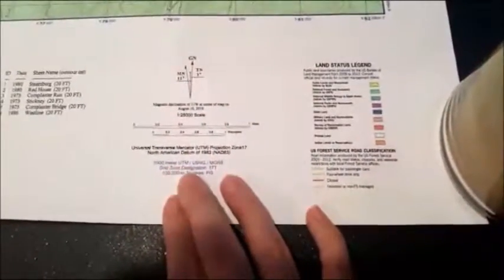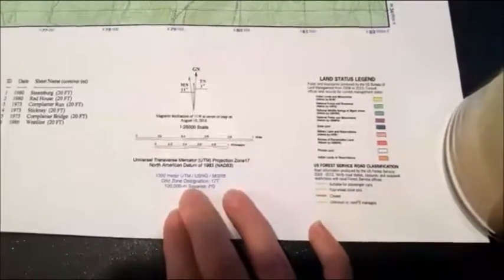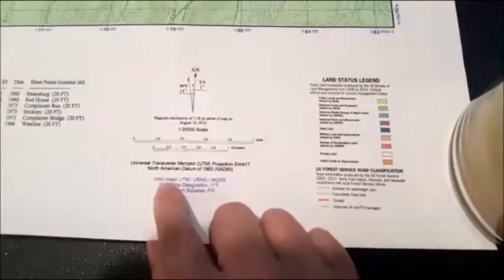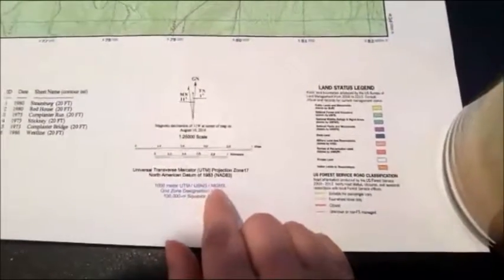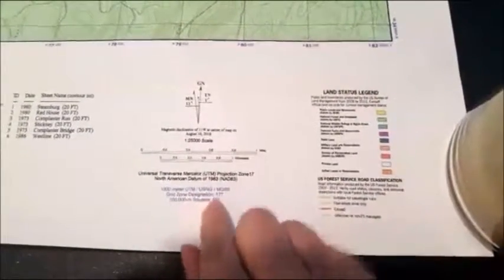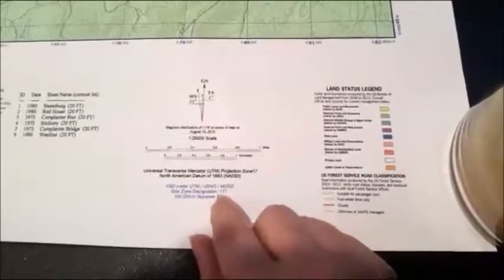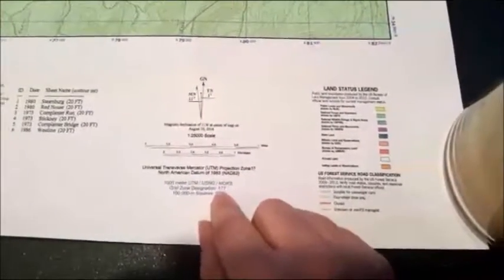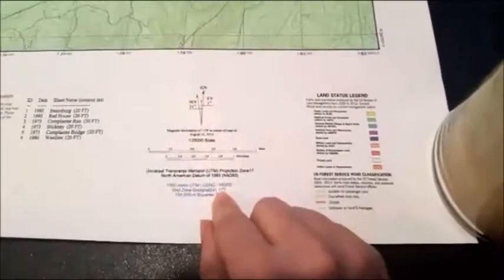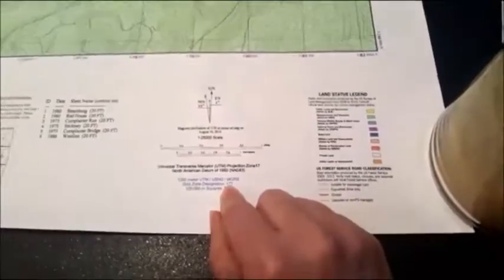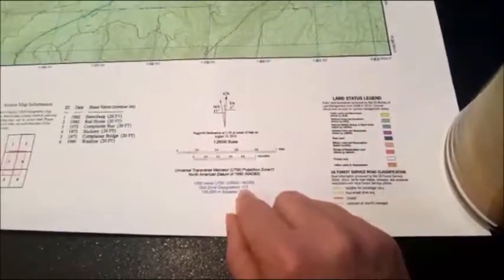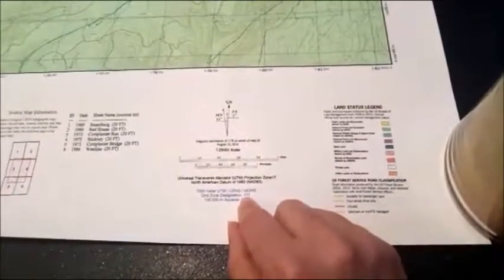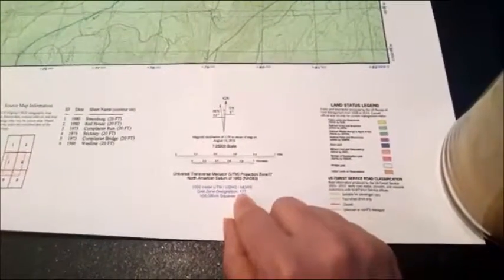And then down here, you see this 1,000 meter UTM, USNG, MGRS, the grid zone designation. That's the part that you should pay attention to. The grid zone designation will tell you what area of the earth your map is in.